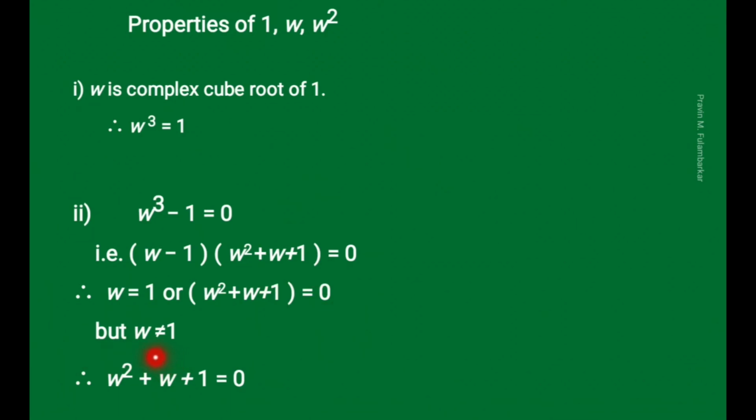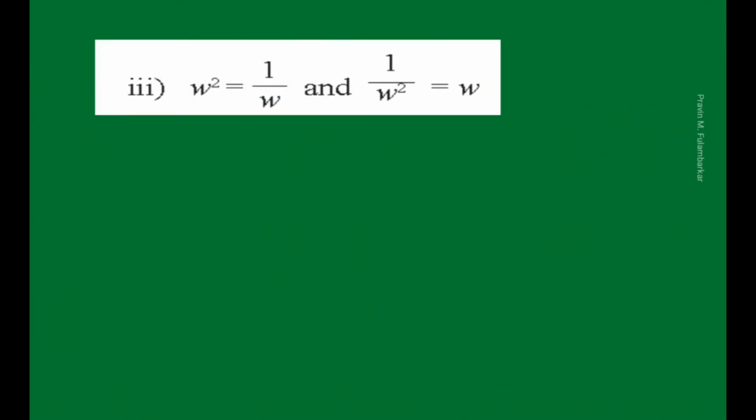And we know that omega is not equal to 1, so we get the second value 0. So this is the second property: omega square plus omega plus 1 equals 0. That means when we add the cube roots of unity, their sum equals 0.